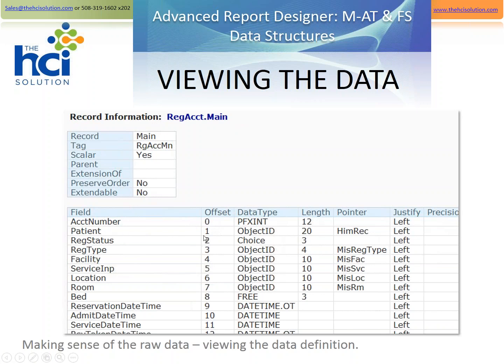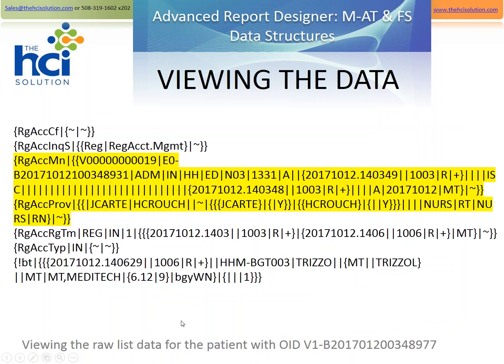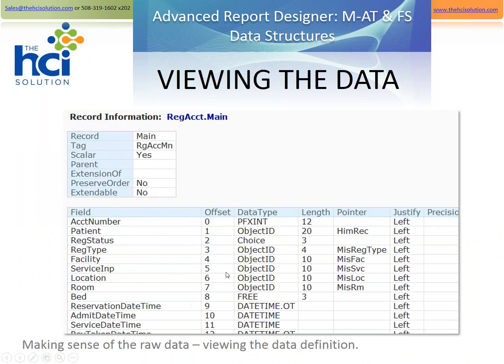Piece 1 is the patient. Piece 2 is the registration status, and piece 3 is the registration type. And it tells you what the data type is here.